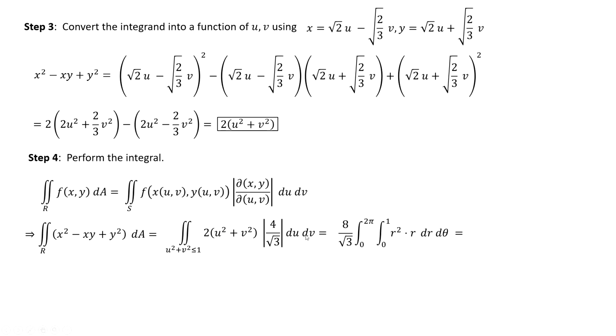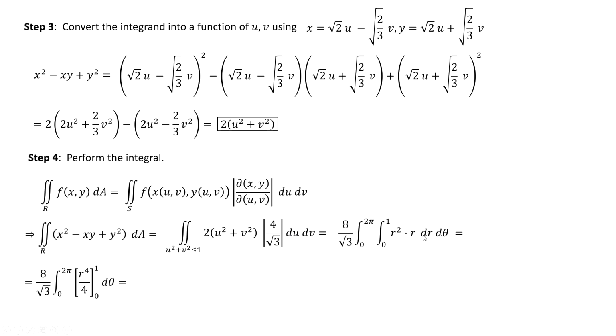And du dv, when we transform it, recall, you would have an r dr d theta. Do not say du dv equals dr d theta. That is terribly wrong. So r dr d theta is what we replace du dv with. And then the rest of it is straightforward.